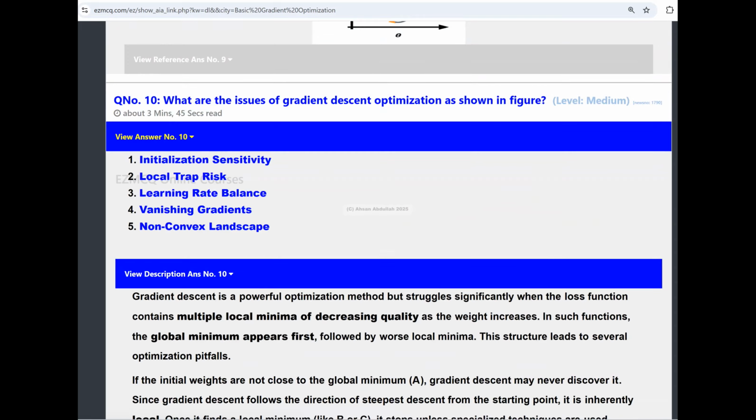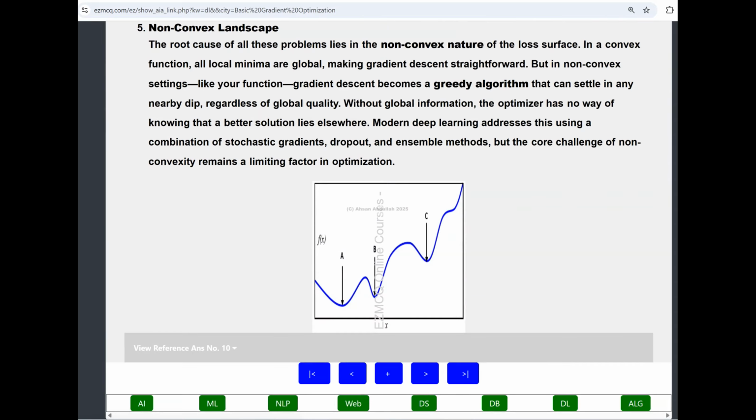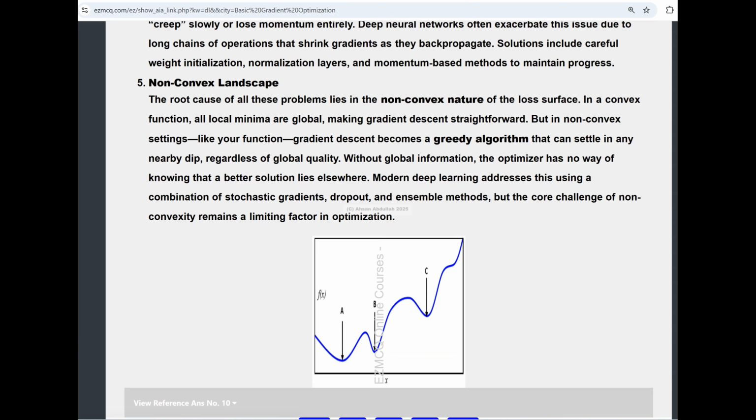Okay, the next bullet was local trap risk. So what is local trap risk? Once the gradient descent reaches B or C, it will not be able to escape. Because if it moves in this direction, you have to come back. This direction you have to come back, and come back.